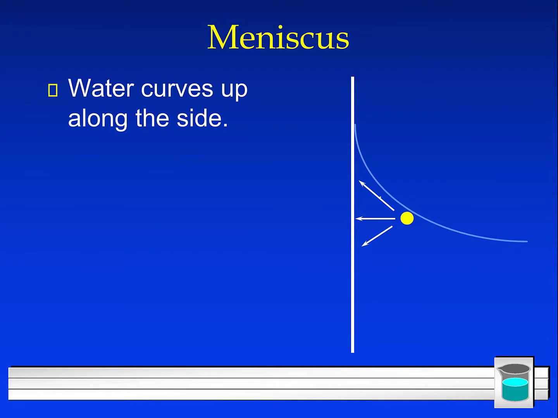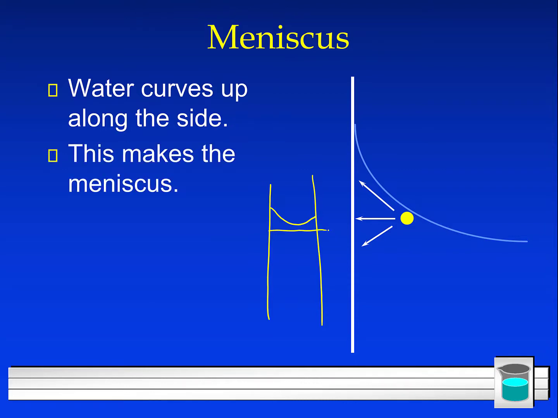And that gives curved water up along the side of the glass. So if you look at your straw, you'll find the water in there looks like this. Every time we use a graduated cylinder, it looks like that. That shape, that is the meniscus, that curved shape that it takes.